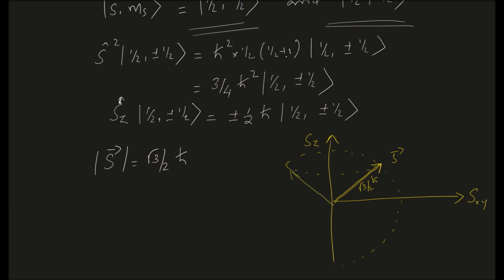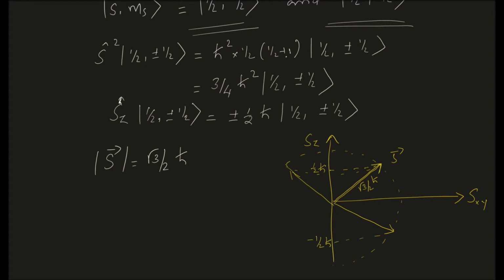It has equal probability of being found anywhere on the surface of this cone. Its projection onto this direction is given by the value of sz, so this is half h cross. Similarly, there is another possible orientation which is given by minus half h cross.